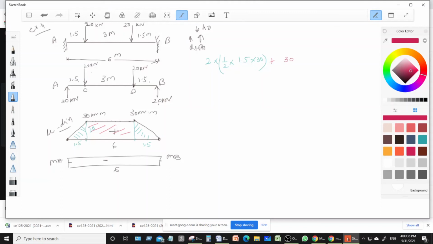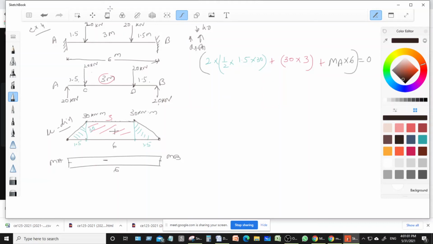So height is equal to 30 and length is going to be 3, right? Because this is the 3 meter. So 30 into 3. So this is the rectangular section, plus your Mu dash diagram, which is MA into 6 meter, that is equal to 0.